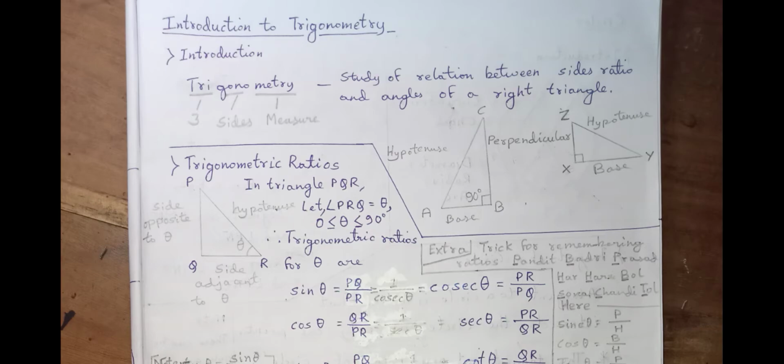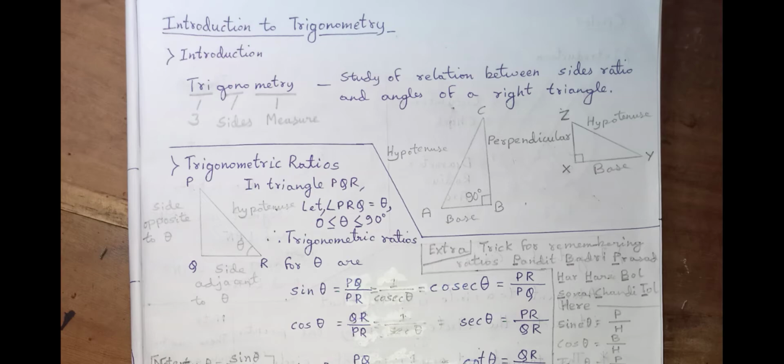Theta is a Greek letter used to show that there is an angle, starting at 0 and ending at 90 degrees. So let's go ahead.